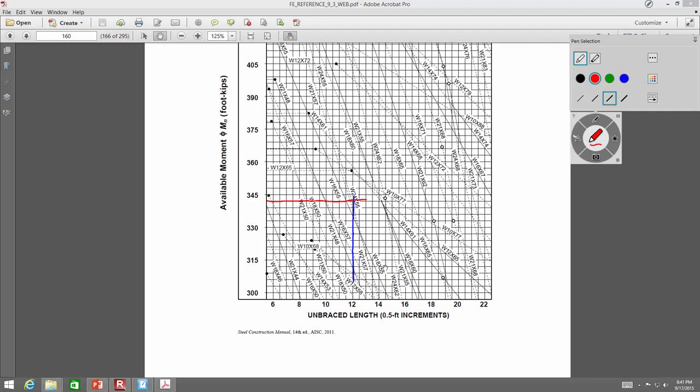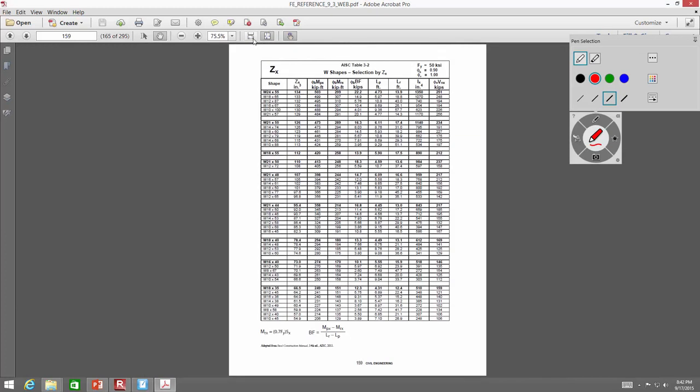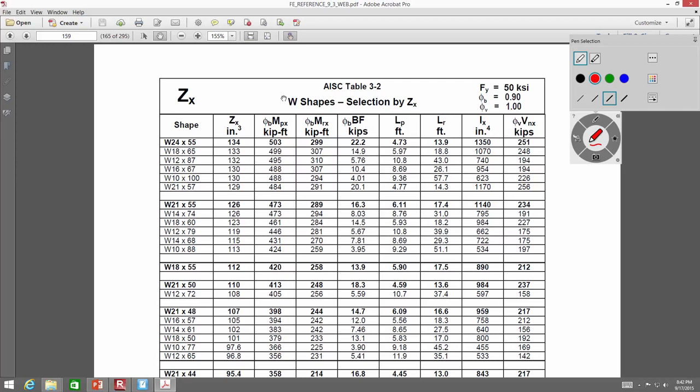Now, before we do that, if you all recall, let's go to the page before that. Here's our W-shaped selection table. This is our ZX table, right? I'm curious if this will actually work.